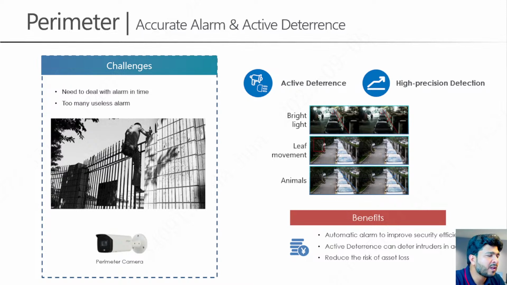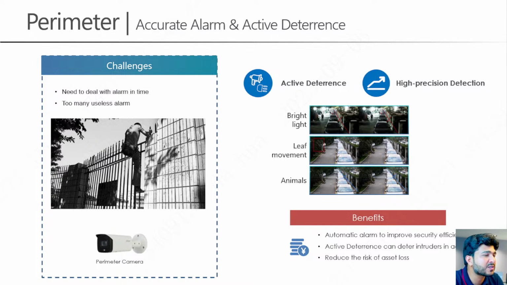There might be some false alarms also because of leaf movement, or a tree coming in, or some pets going by. Like a dog or cat moving can be considered an intrusion, but this is useless for us.